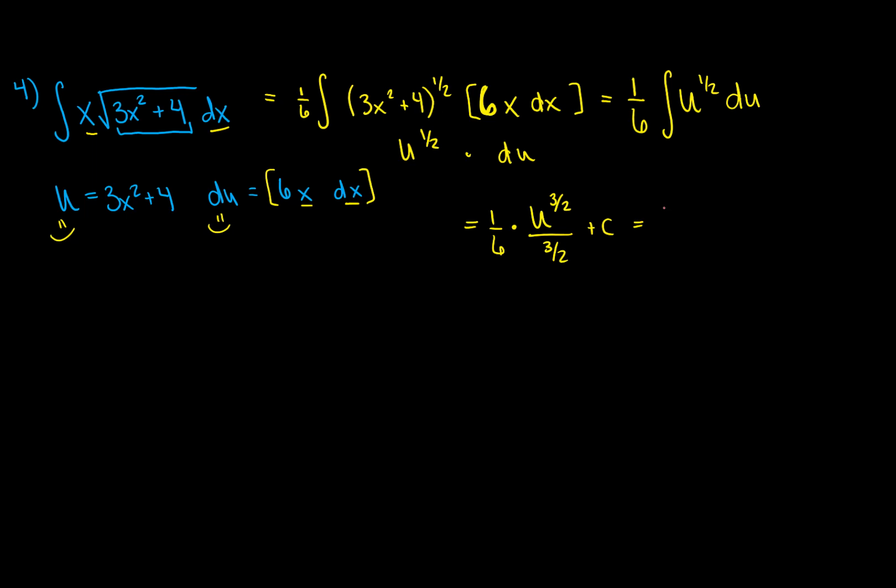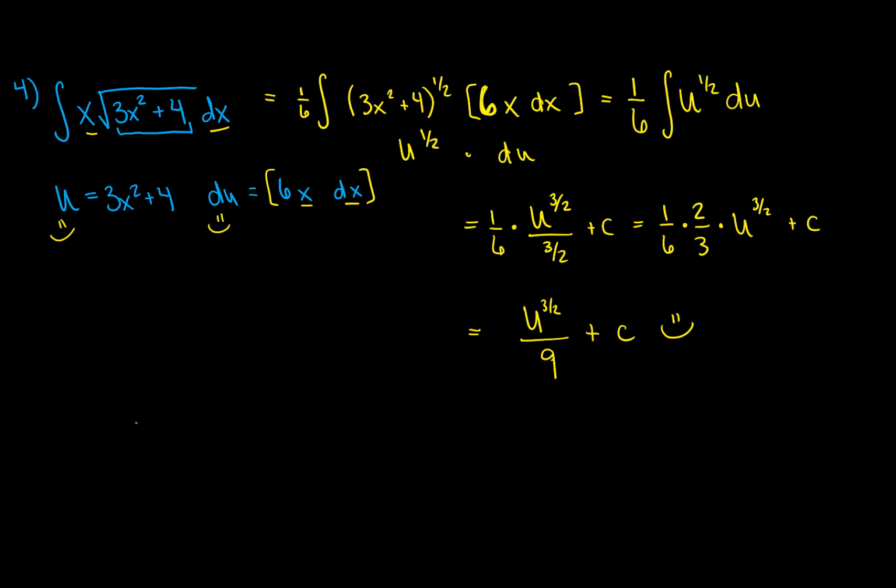And then let's simplify that. So my 1/6 goes along for the ride. I'm going to multiply by the reciprocal. Since I'm dividing by 3/2, I'm multiplying by 2/3. And then I've got this u to the 3/2 plus c. I'm going to cancel some stuff. My 2 and my 6 will cancel. And I'm going to have u to the 3/2 divided by 9, and then plus c.